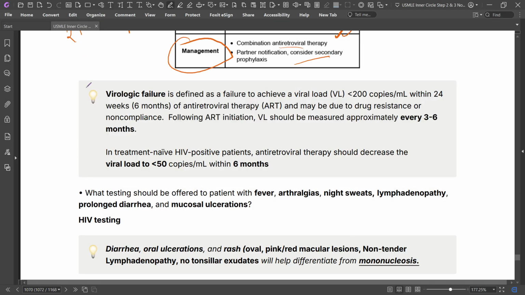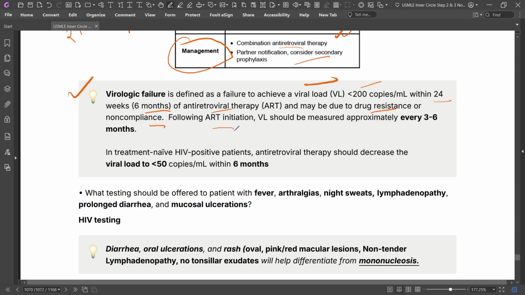Now, virologic failure is defined as a failure to achieve a viral load of less than 200 copies within 24 weeks, like 6 months of antiretroviral therapy, and may be due to drug resistance or non-compliance.